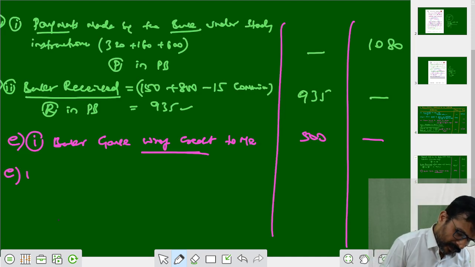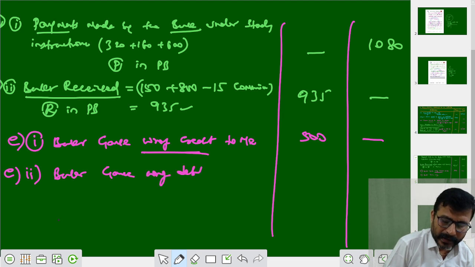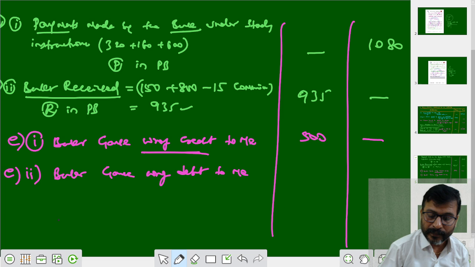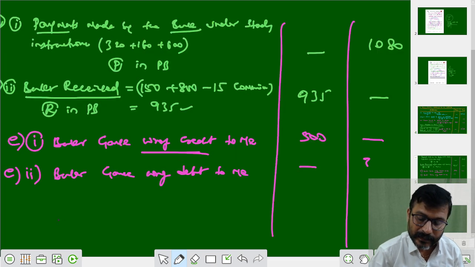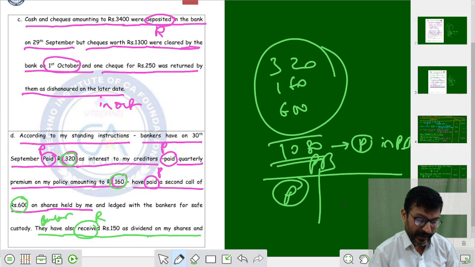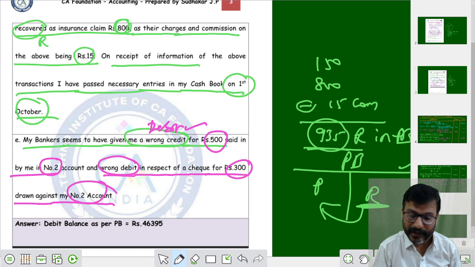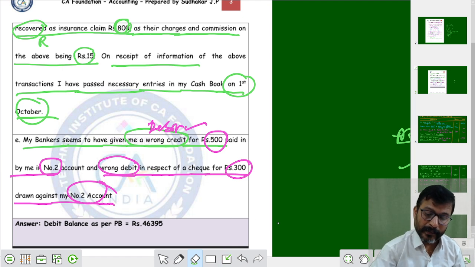In the same, sub point 2. Banker gave wrong debit to me. So where I am supposed to take? We have to take it on the credit side. The amount is how much? 300 rupees. See, this completes all the transactions. Once again I tell you regarding this wrong debit and wrong credit. What happened? We are doing BRS for which account number?